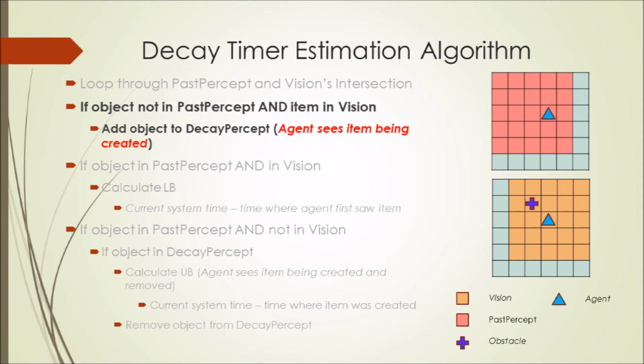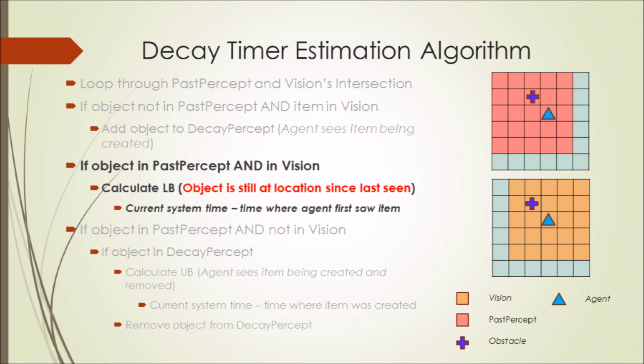If the item is not in past percept but is in vision, the object will be added to the decay percept. This is to illustrate that the agent sensed a new item being created. The agent will then check if the object is in both past percept and vision. The lower boundary will be calculated. The calculation is done by taking the difference of the current system time and the time when the agent first saw the item.